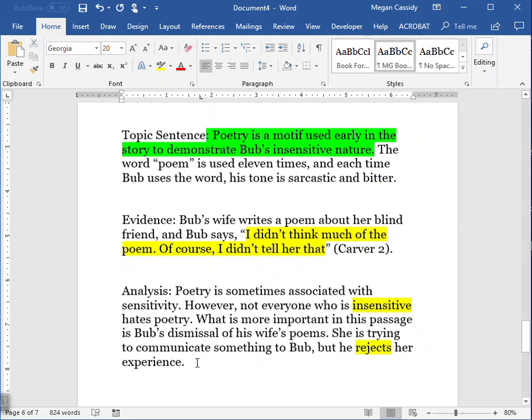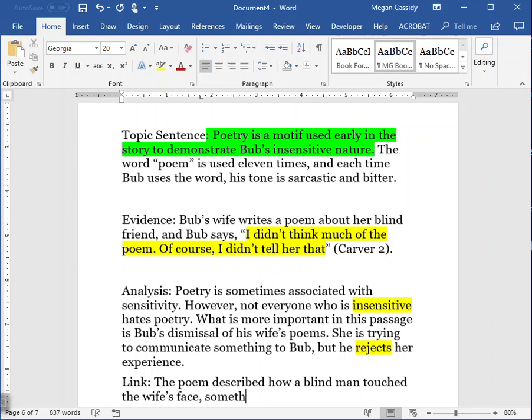So basically, as part of the analysis, but as a way to kind of link it, the poem described how a blind man touched the wife's face, something Bub is repulsed by.